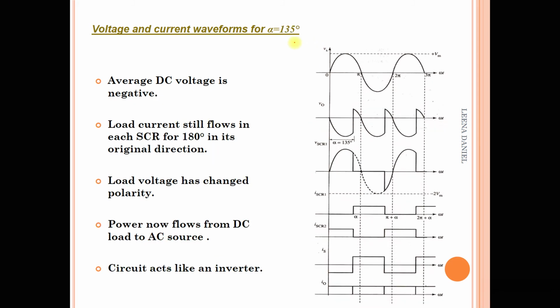For alpha equal to 135, it means the angle is above 90 degree. So what would happen? See, the output which we are getting in the positive cycle, above this is the positive portion, and which we are getting downward is a negative portion.